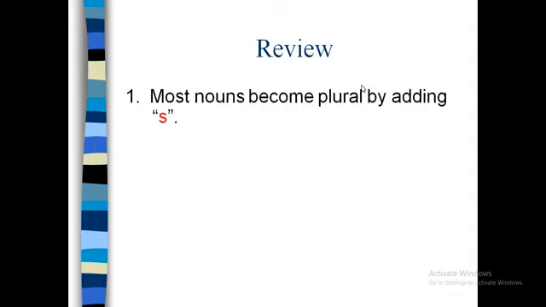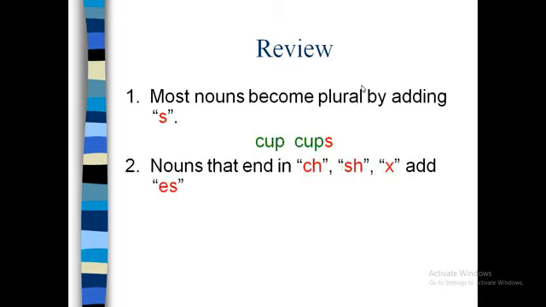Now, let us review the lesson. Number 1. Most nouns become plural by adding S. أغلب الأسماء become plural تصبح جمع by adding S. Okay. Cup, cups. Rule number 2. Nouns that end in CH, SH, X, we add ES, like dish, dishes.